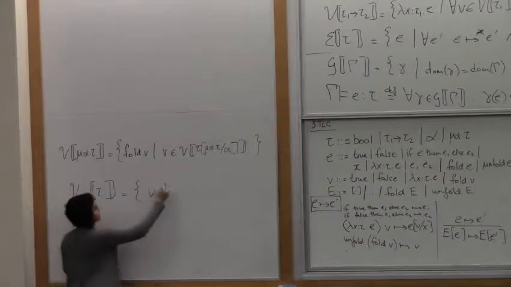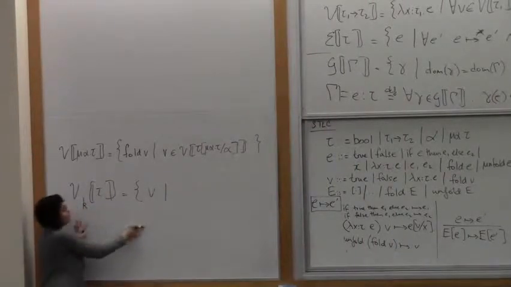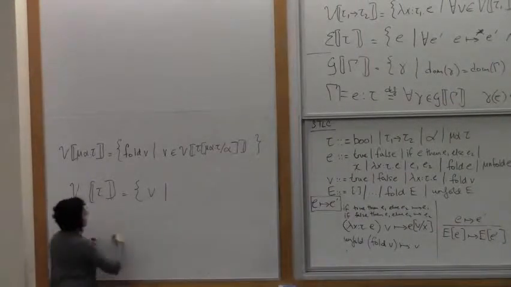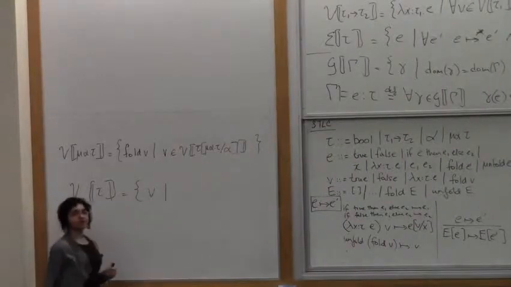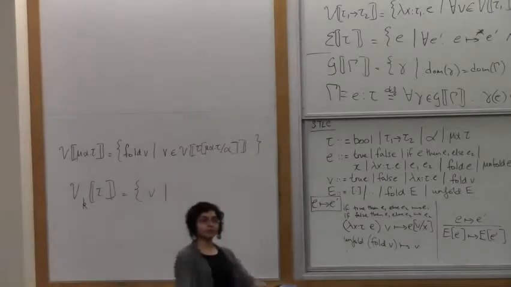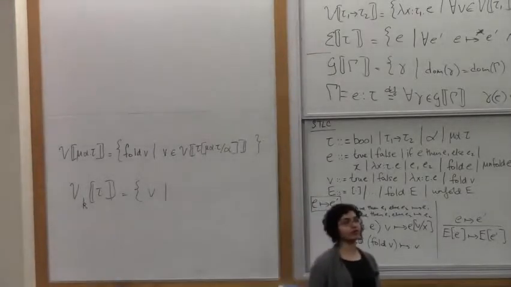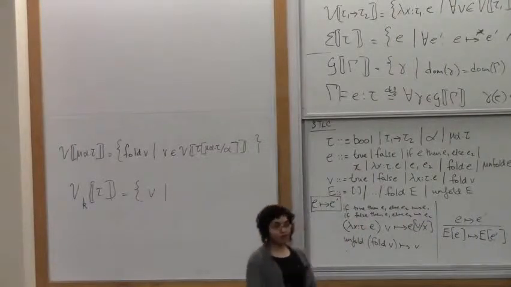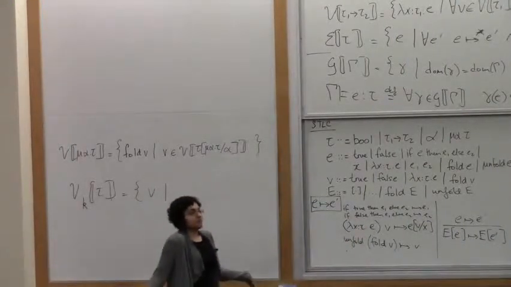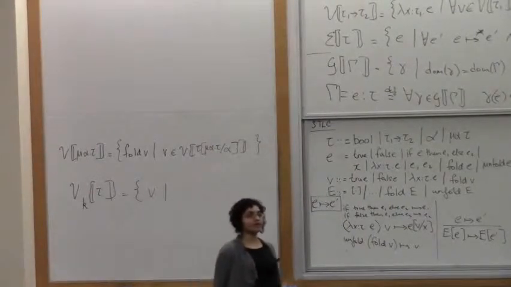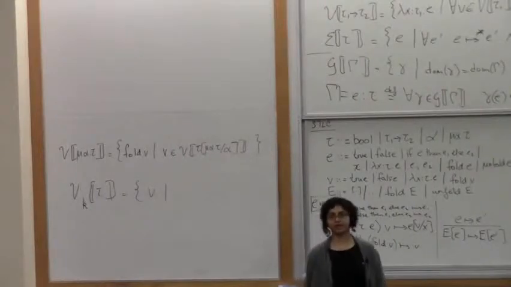Here's how you read this: some value V looks like it has type tau for up to k steps. If I give you a V that belongs to tau for k steps, you can do anything with that value that you like, but you only have k steps within which nothing will go wrong. If you try to do something with this value beyond k steps, then it may get stuck or not behave like what you expect. So I'm approximating what I know.